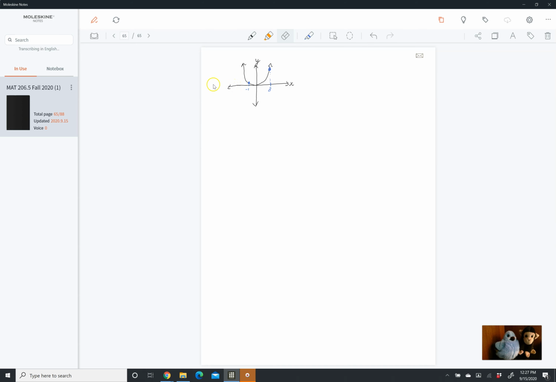If I had x equals -10, somewhere over here, it would hit the graph. It would probably go through your ceiling, but it would hit the graph eventually because this keeps going out, just slowly. So the domain for a quadratic is actually also all real numbers. That's -infinity to infinity.